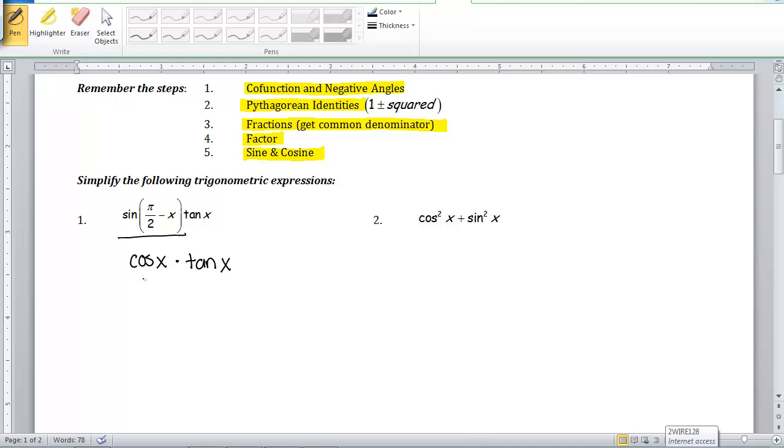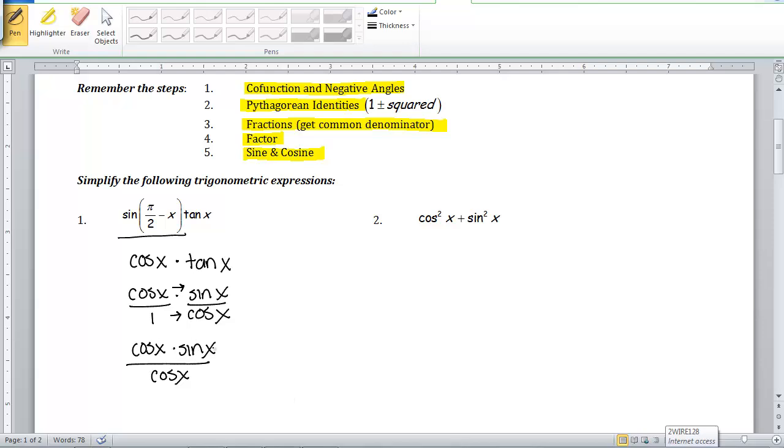Cosine is obviously already in those terms, but tangent is not. If I use the quotient identity, I can change tangent to the sine divided by the cosine. If I multiply these fractions straight across, I end up with one fraction of cosine times sine divided by cosine.